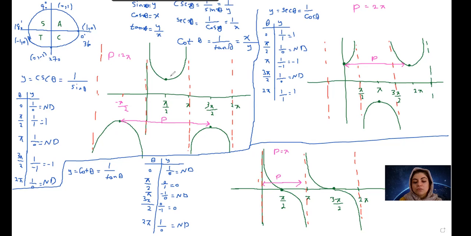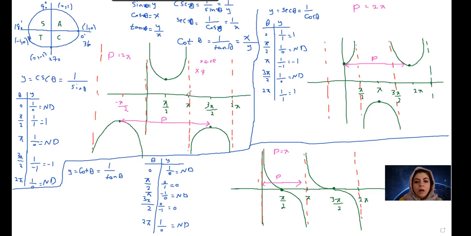How about the domain and range? For the domain, you have to exclude your asymptote here, right? The domain is x belongs to R. X cannot be what?